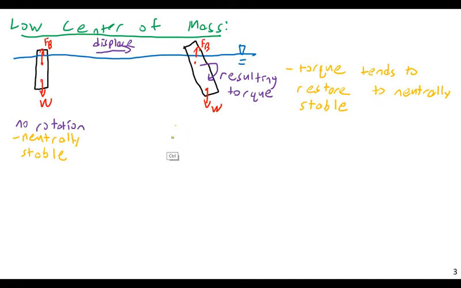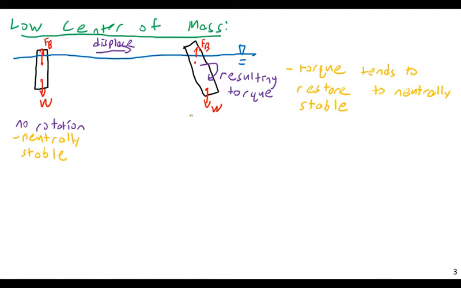See, what will happen is when this thing becomes displaced, and it inevitably will, anything in a body of water like the ocean, inevitably there are going to be waves coming along, and when a wave hits it from, say, the right here, it's going to be rotated a bit, and then it's going to experience some rotation.